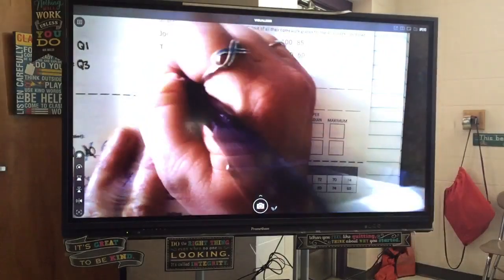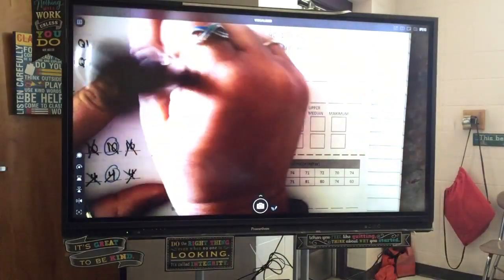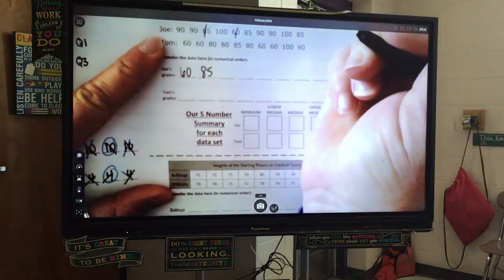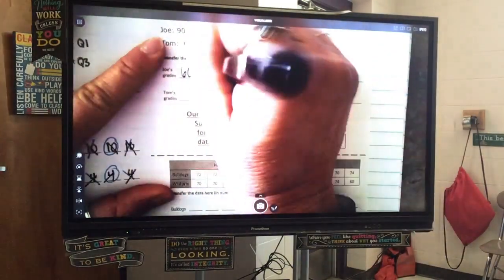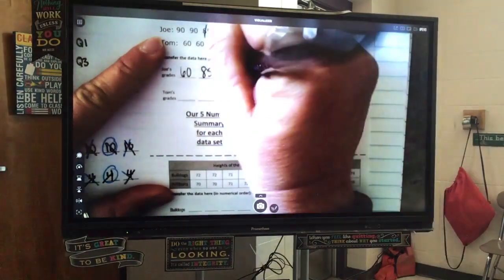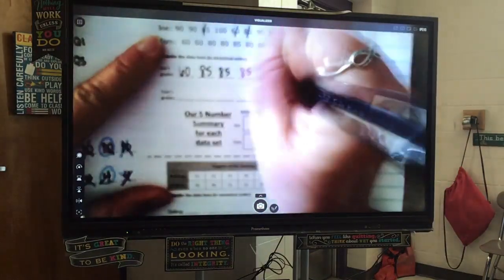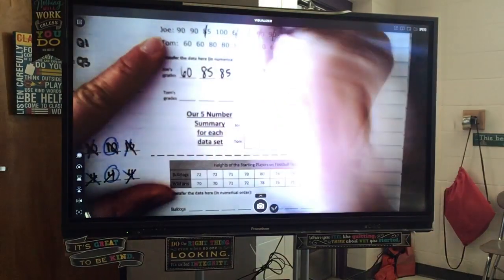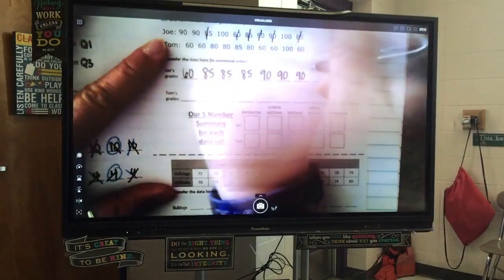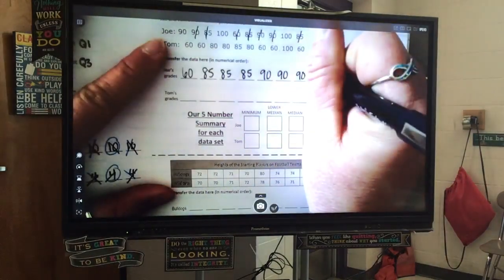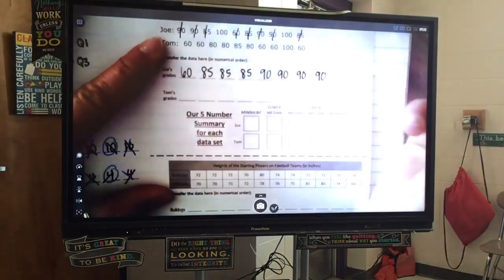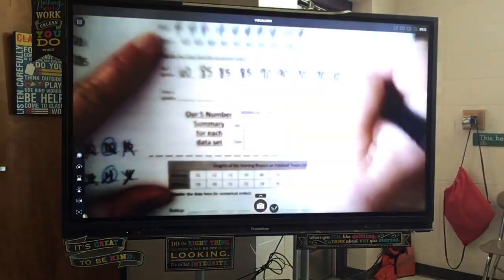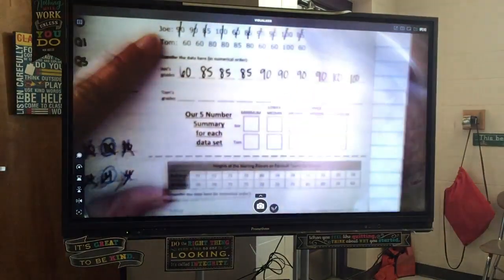The first one is 60, second 85, third 85, fourth 85, fifth 90, sixth 90, seventh 90, eighth 90, ninth 100, and 10th 100. Okay, perfect.